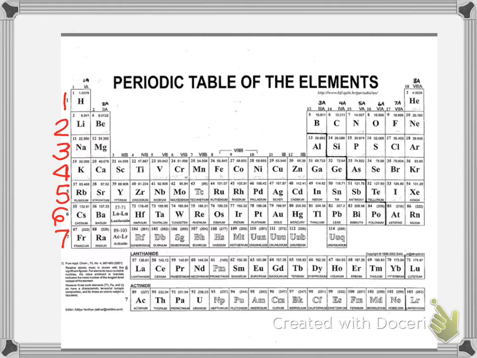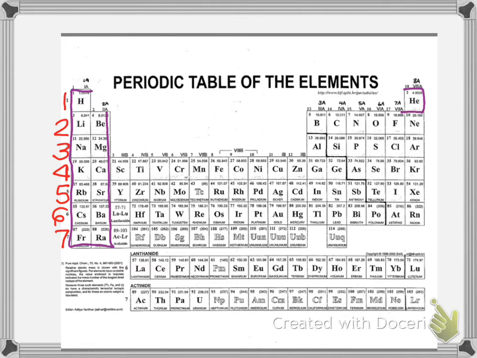Now, what else do we have? We have energy levels. Okay, then we have the orbitals, S, P, D, and F. So the S orbitals are related to the first 2 groups. Now, on the first row, they're separated from each other, but they're all together.